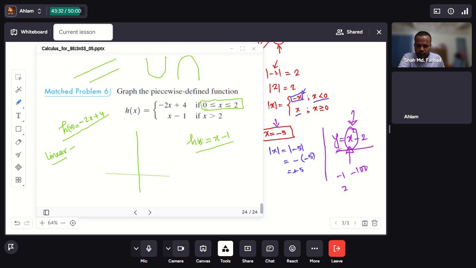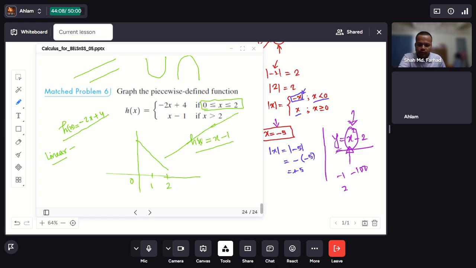If here is 0, here is 1, here is 2, the graph will go from 0 to 4, just like this, and then x minus 1 will be just like this.